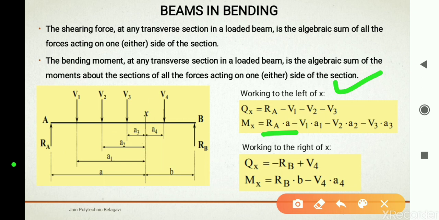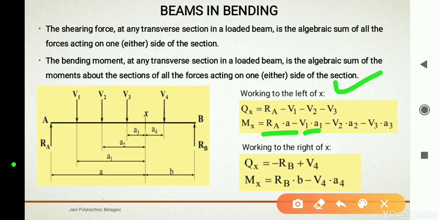Now coming to the moment of downward forces acting. The reaction is completed, one force is complete. Second is V1 into a1, because this is going to act in the downward direction and it is going to rotate in anti-clockwise direction with respect to X. The perpendicular distance for this V1 force is a1 here, right?